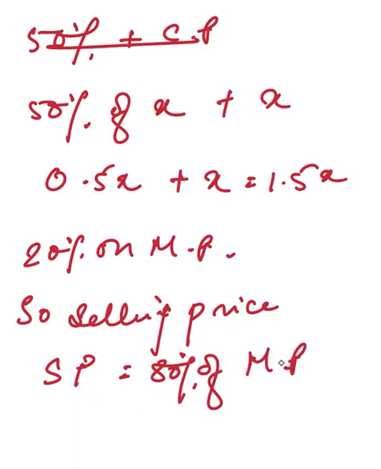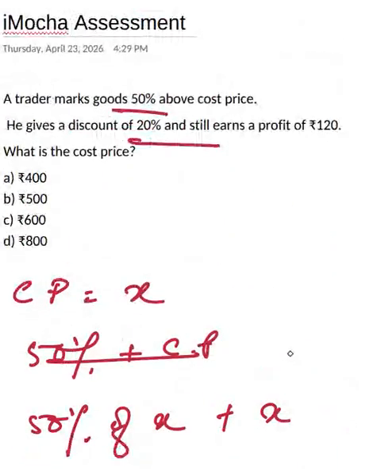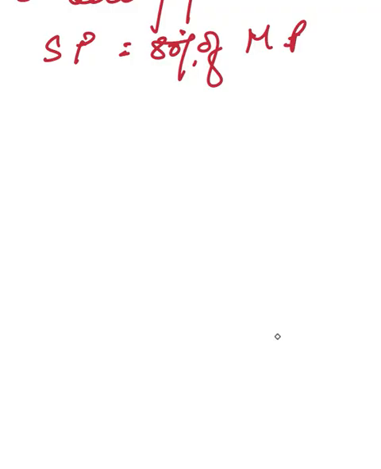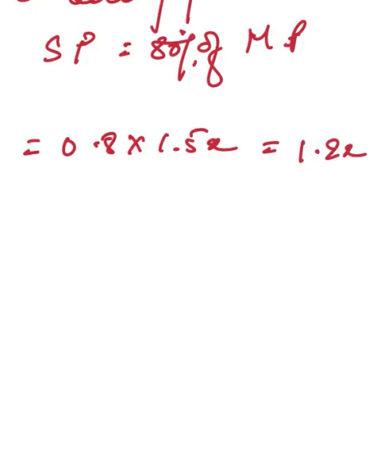They are giving a 20% discount, so 20 gets reduced, leaving 80% of MP, which will be 0.8 into 1.5x, and which will turn out to be 1.2x. Okay, understood? Now after discount SP will be 1.2x.